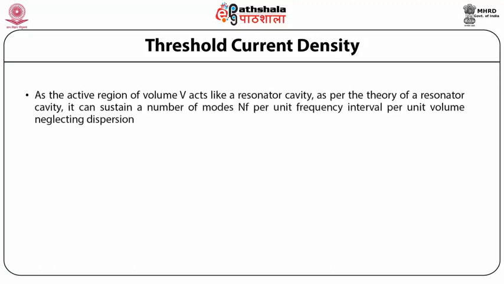As the active region of volume V acts like a resonator cavity, as per the theory of a resonator cavity, it can sustain a number of modes Nf per unit frequency interval per unit volume, neglecting the dispersion. Nf is equal to 8 pi eta cube upon lambda square c.